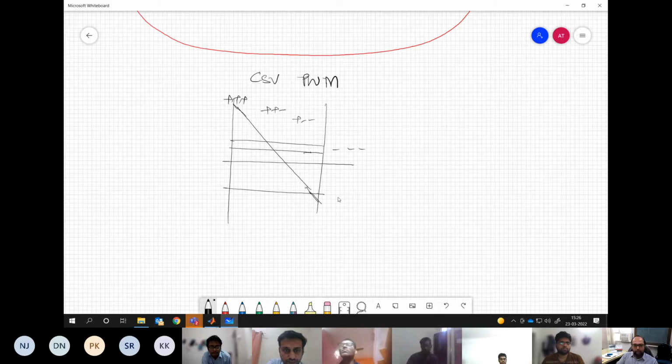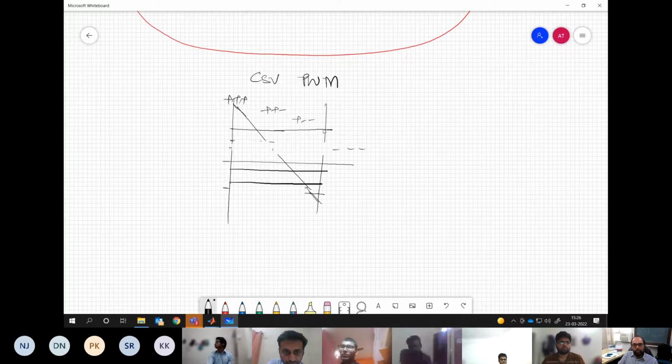I'm talking about sector 1. Maybe this is not the appropriate way to draw. R should be maximum, B should be the minimum. So let's draw R here, Y here and B here. This is what we are looking for, right?